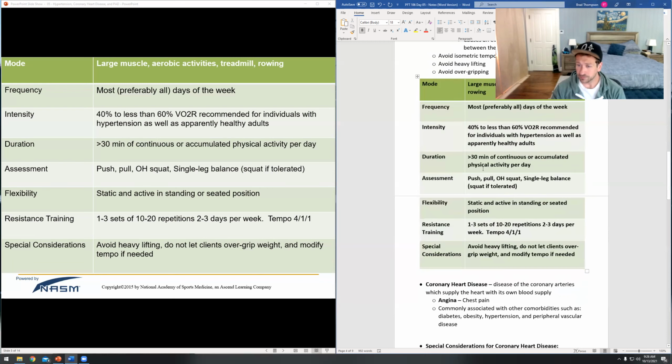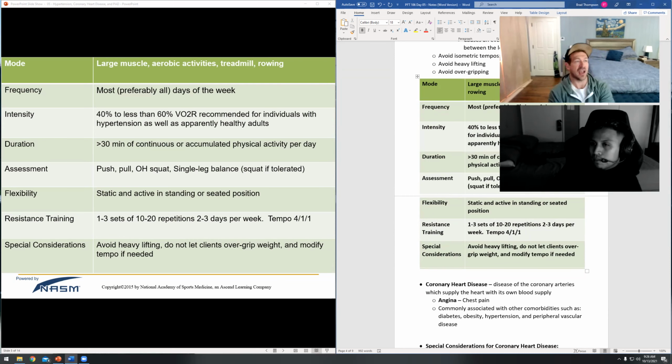For duration, you'll notice this is greater than 30 minutes of continuous physical activity per day. If you've got a client who doesn't have the endurance to handle sustained bouts of exercise, you can do 10-minute bouts, maybe 3 or 4 times a day, and that can total up the number of minutes.